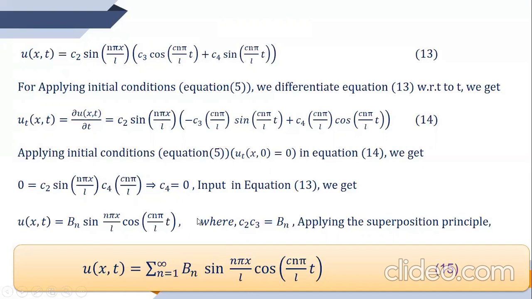So applying the superposition principle, the solution form which satisfies the boundary condition and one initial condition, we write u(x,t) is equal to the summation n is 1 to infinity of bn sin n pi x by L cos c n pi by L into t.